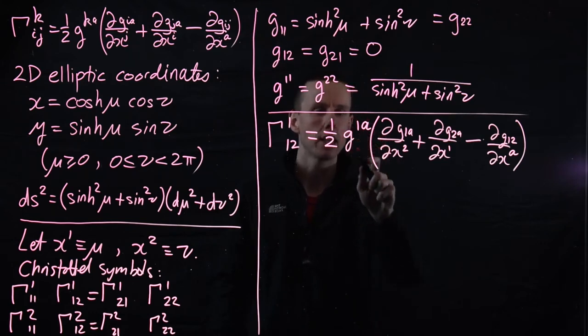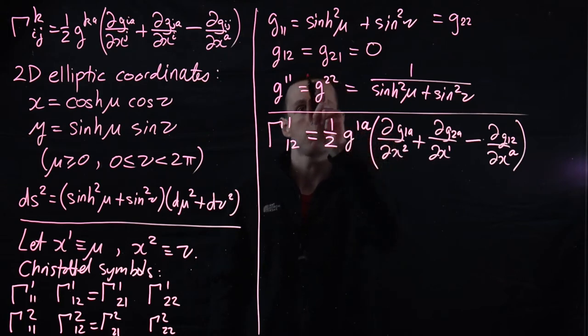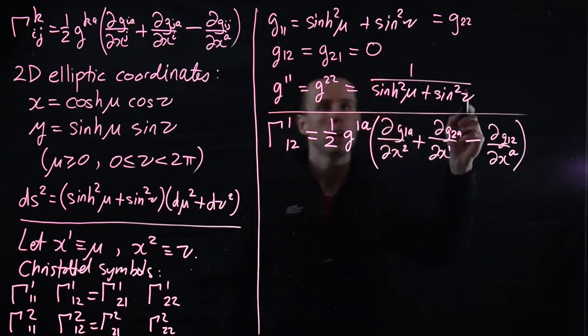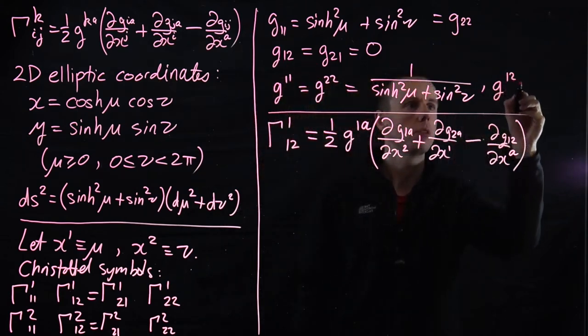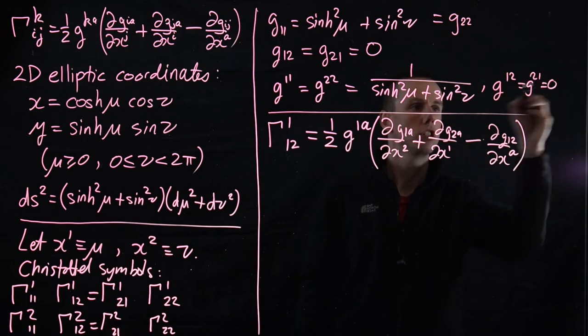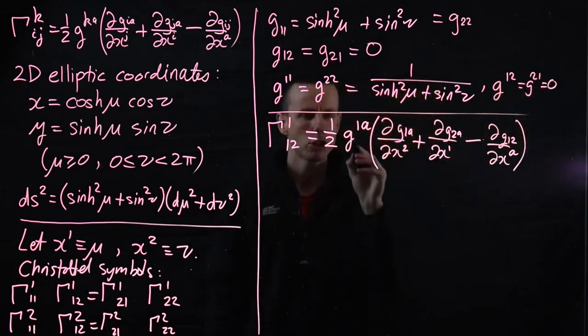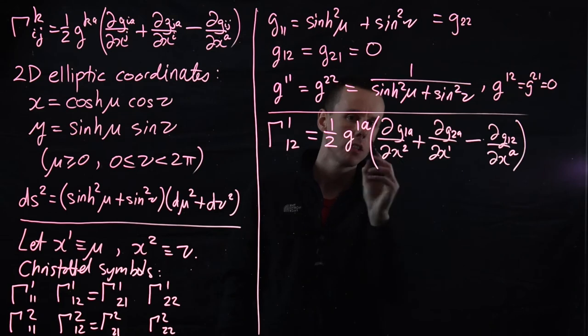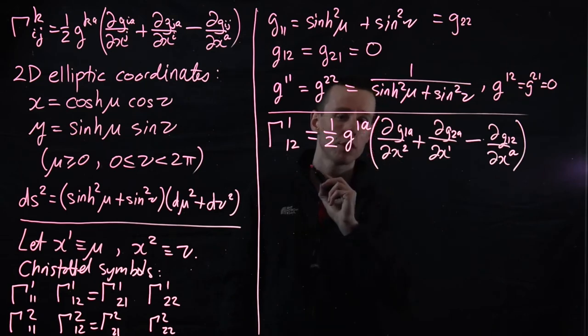And g1a is 0 if a equals 2. Okay, so I've written it here for the covariant metric tensor, but it's true for the contravariant as well. So g12 is equal to g21, which is 0.